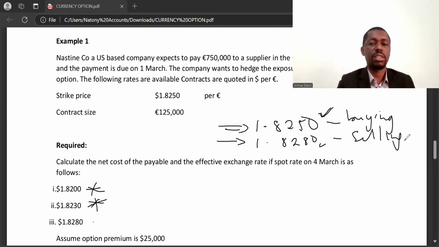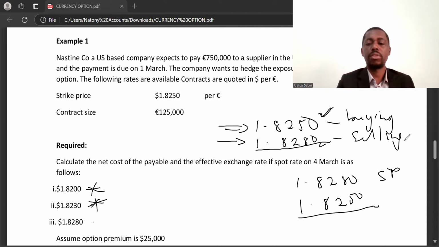Buy at 8,250, sell at 8,280. Yes, the company will be making a profit. What will be the profit? The profit will be 1.8280, this is your selling price, minus 1.8250 where you bought.